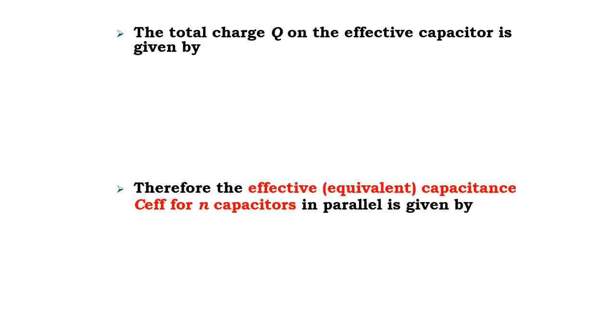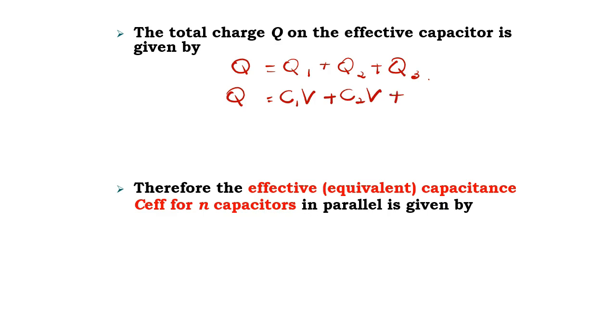The total charge Q on the effective capacitor is given by Q equal to Q1 plus Q2 plus Q3. So, taking the equations from Q1, Q equal to C1V plus C2V. Why are we not putting V1? Because it has the same value.